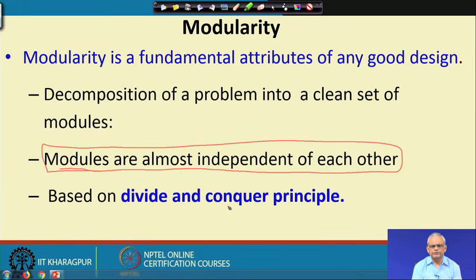But if the modules have complex relations, that is, each module calls several other modules, then while understanding a single module, we also need to see what gets done by the other modules and so on. So, as long as the modules do not interact too much, we can understand them well, based on the divide and conquer principle.